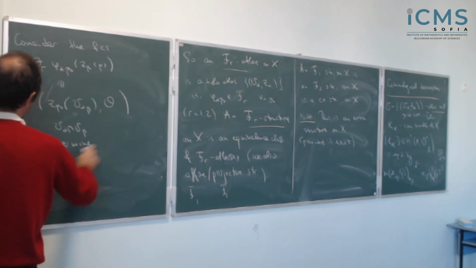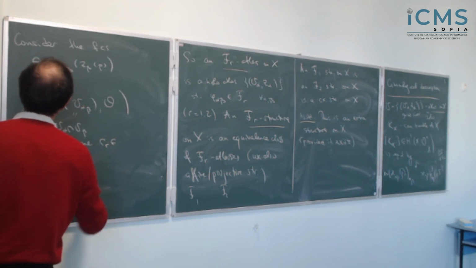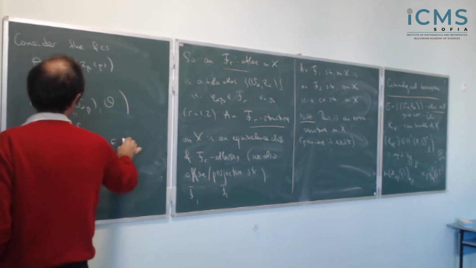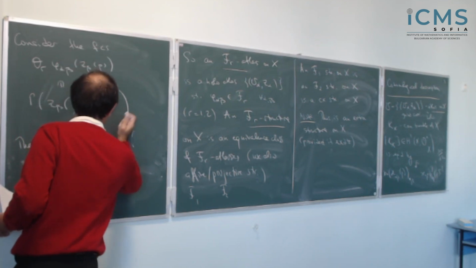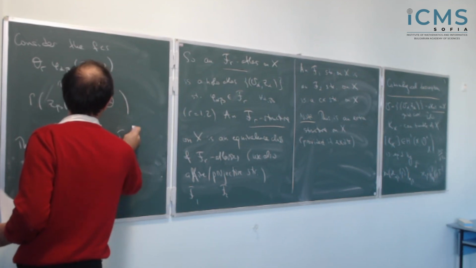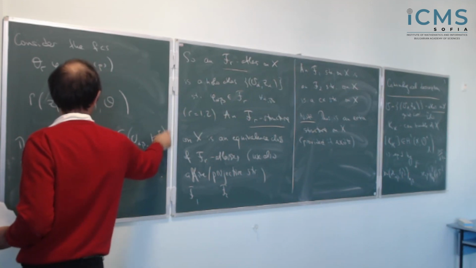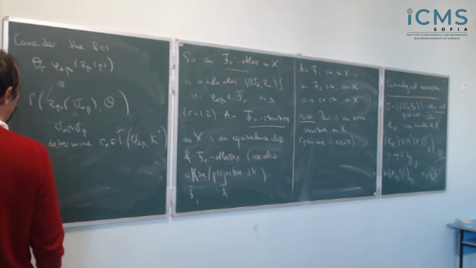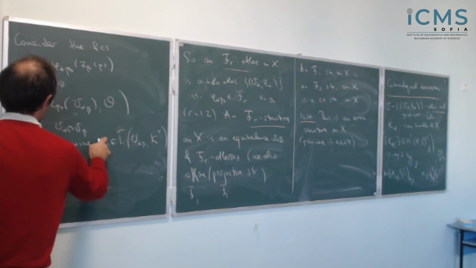So these determine some c_r, that we call them, one for each of these. So c_r in the Čech C^1, a section of K to the power r. I'm missing my subscripts.